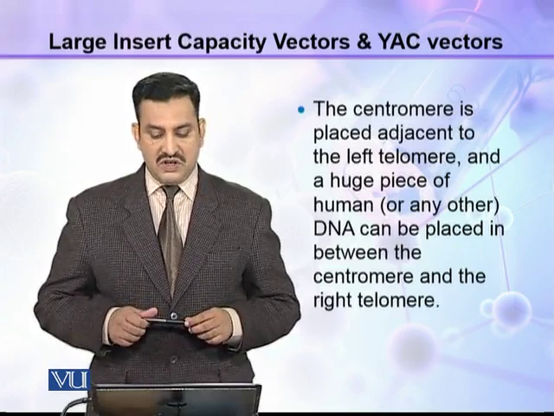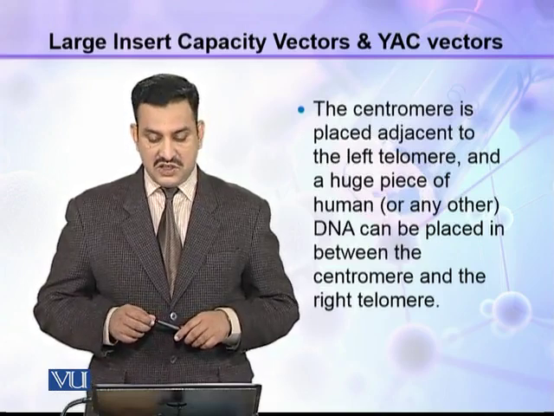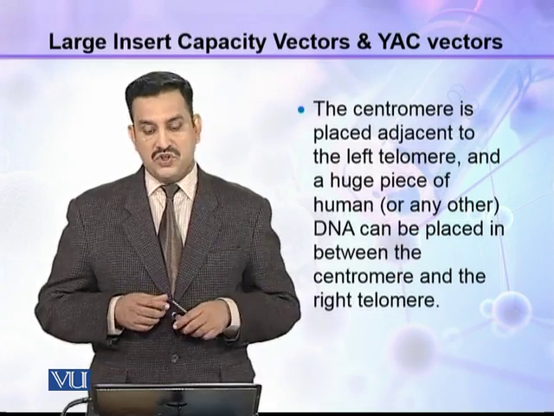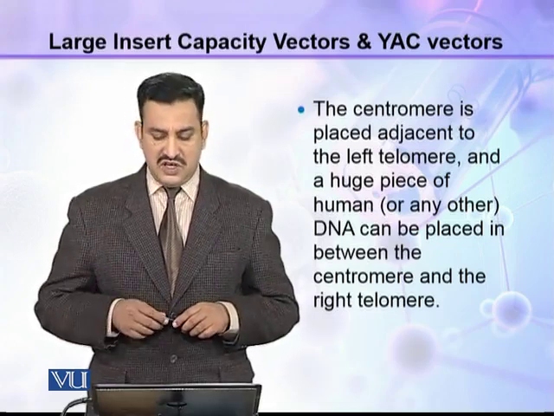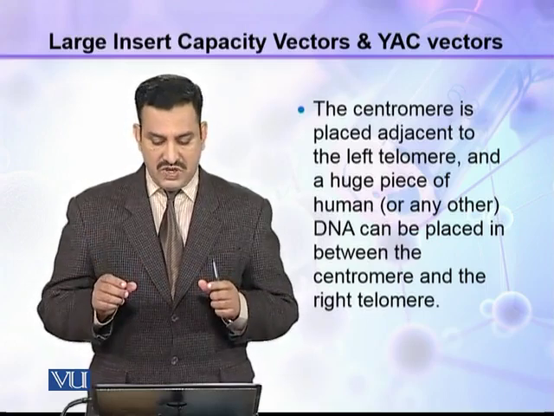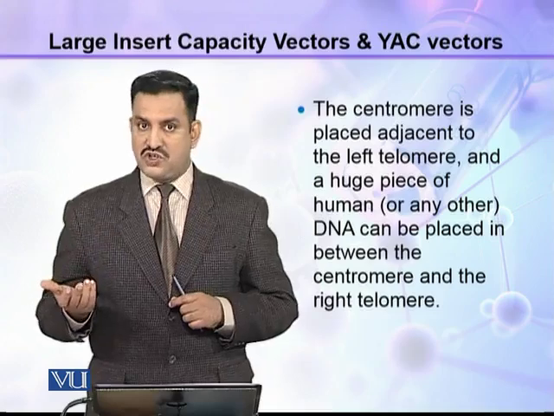The centromere is placed adjacent to the left telomere, and a huge piece of human or any other DNA can be placed in between the centromere and the right telomere.